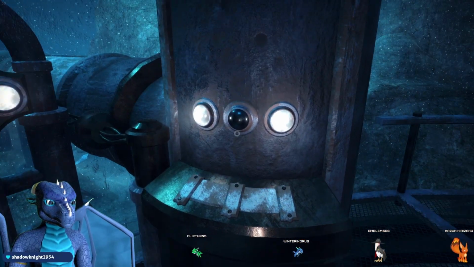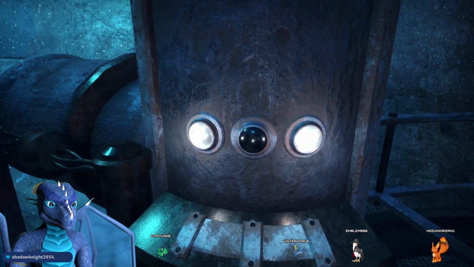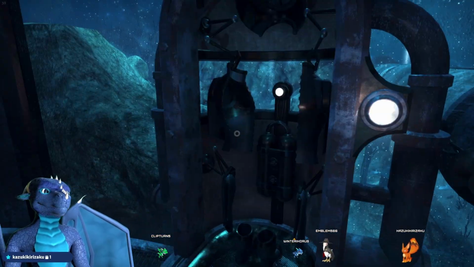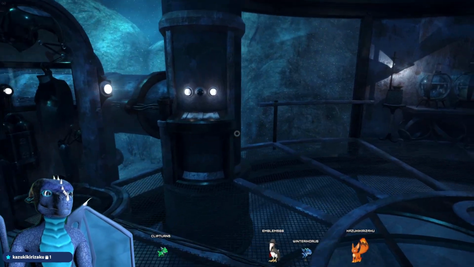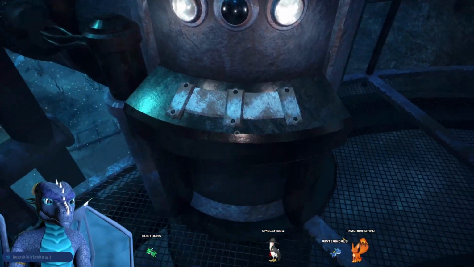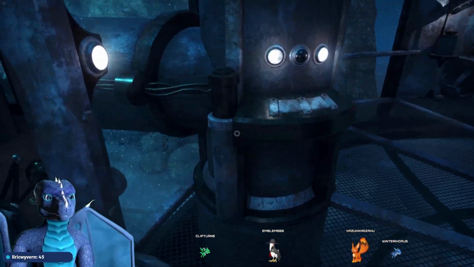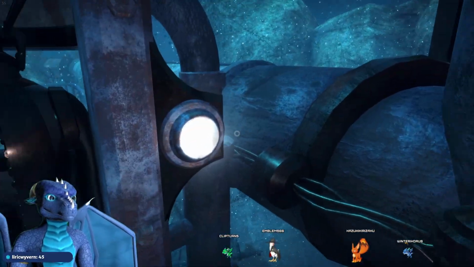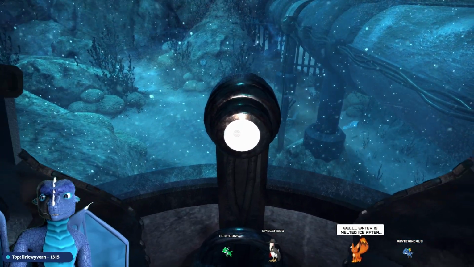Okay, so I have 2 out of 3. Wait. So do I need to find a third lever to actually do something? It seems so. So, okay, well, let's get back down there then and see if we can find a third lever somewhere.